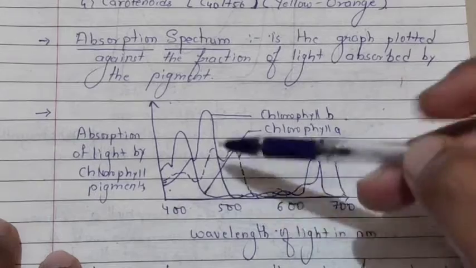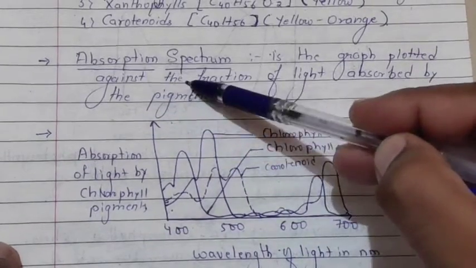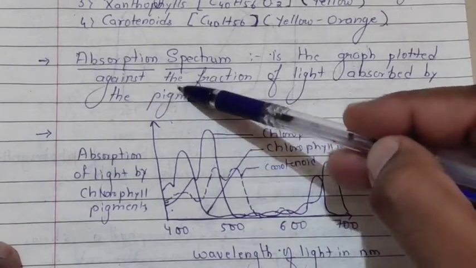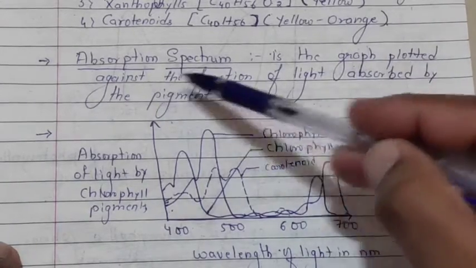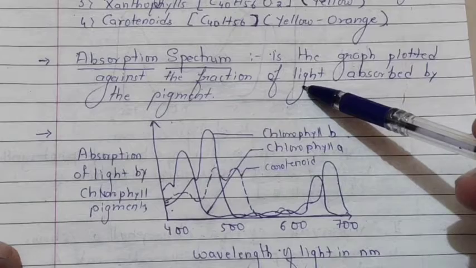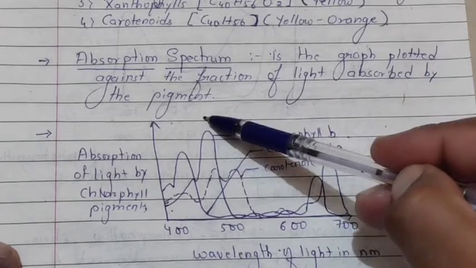So this graph is called what? Absorption spectrum. What is absorption spectrum? It is the graph plotted against the fraction of light absorbed by the pigment.